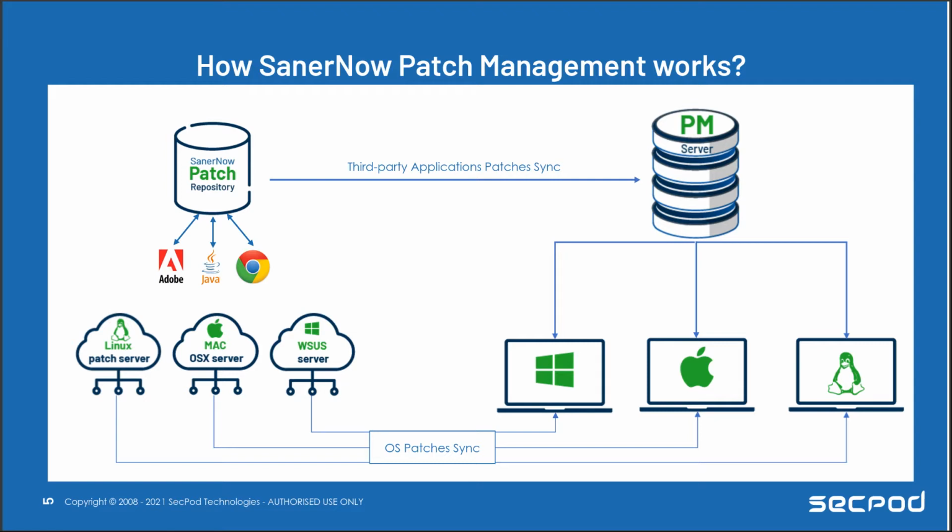Sena Now has a patch repository which consists of information about detecting and mitigating the patches. This repository will be fed daily with the latest data for detecting vulnerabilities, and our server will be in continuous sync with this patch repository.